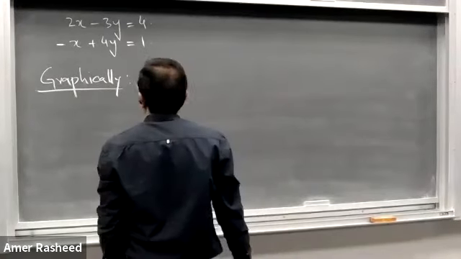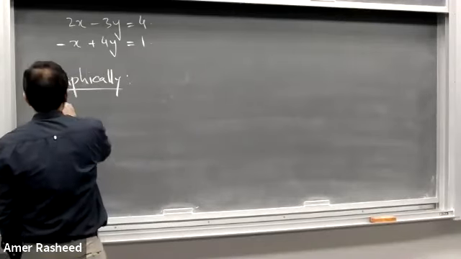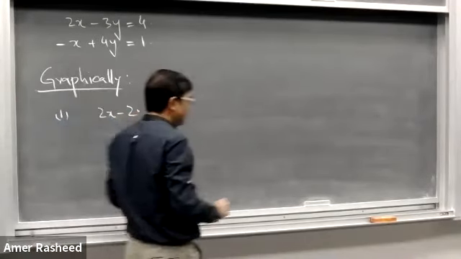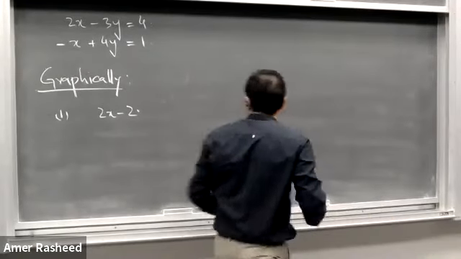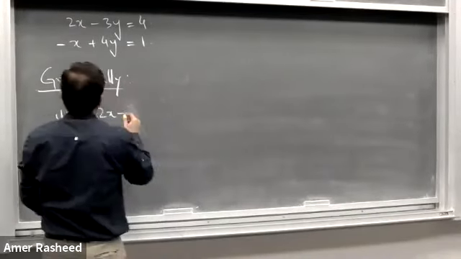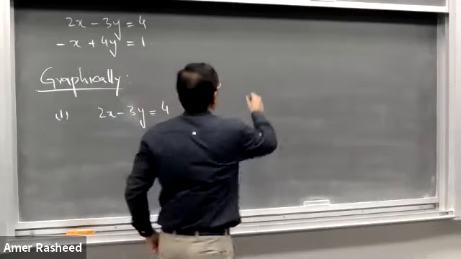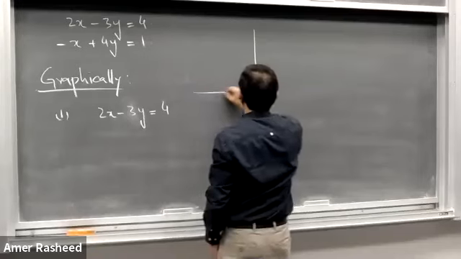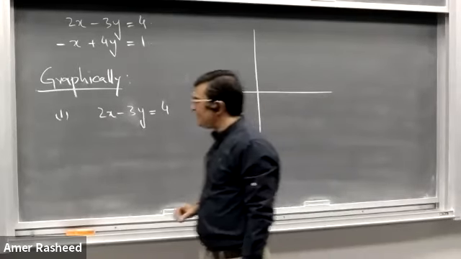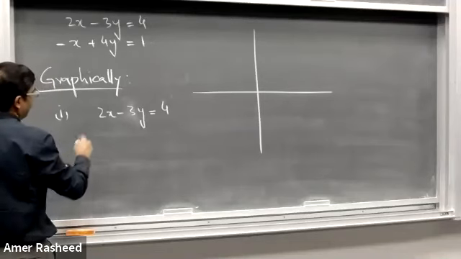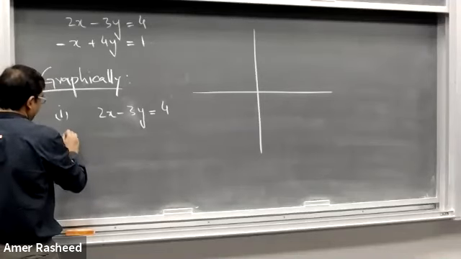These are in fact straight lines. And if we choose the first one, how can we plot it on XY plane? Because there are two unknowns, so we can plot it on the XY plane. The easiest method to plot any straight line on XY plane is to find its x-intercept and y-intercept.